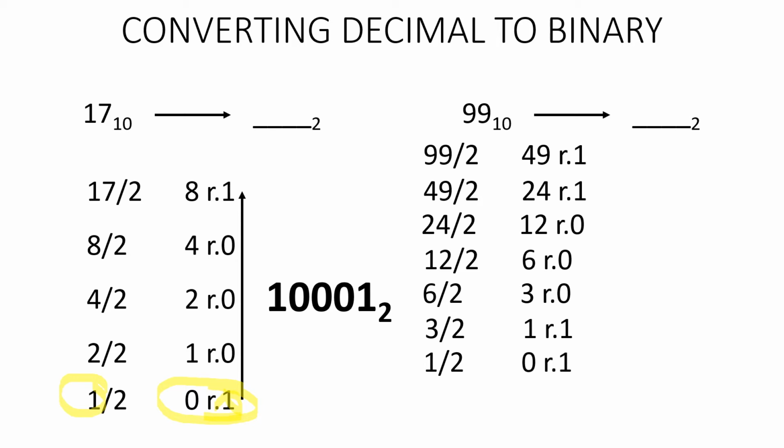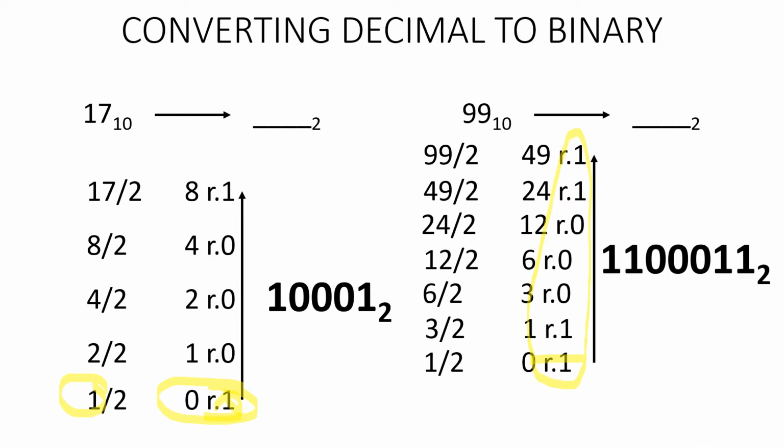Again, all you need to read is the remainders, starting from the last digit. So the answer is 11000011. That is how you convert a decimal number to a binary number.